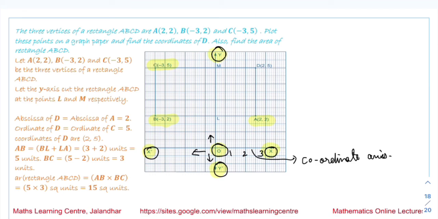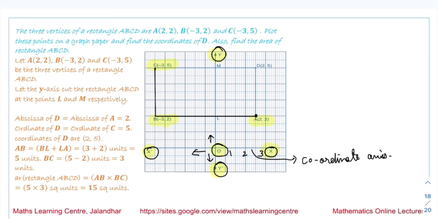Then the next thing we have to do is calculate the next point. So we join B and A, we join C and D. Now we know that the point D, if we draw from the point A, should be perpendicular to AB.